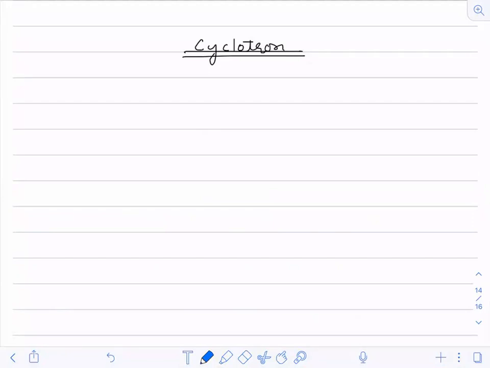The first point that you can write is: it is a device used to accelerate the charged particle.